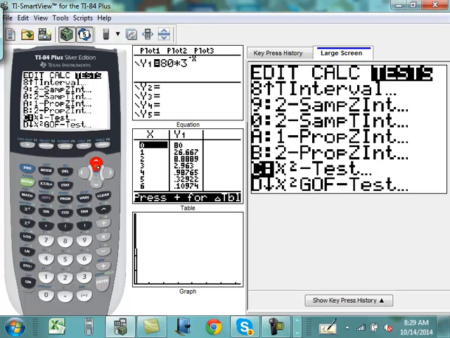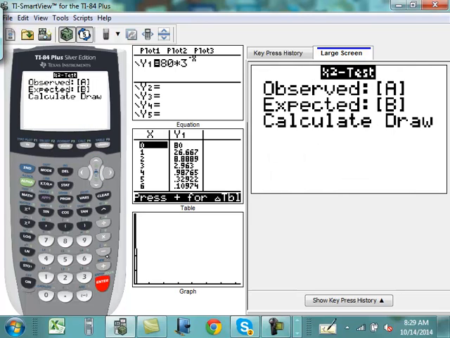If you were to pull up the chi-square test, option C, this one is not for the chi-square test where we're testing claims about the standard deviation.